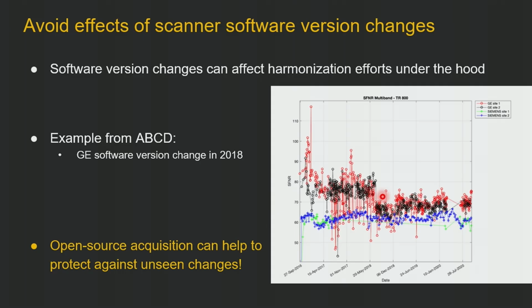But then here in 2018, there was a shift, and that shift was due to a software revision on the GE side that probably changed some things about the RF along the way. So we can try to avoid some of these things that will fight against our harmonization efforts if we can try to have more open, stated up front acquisition parameters.